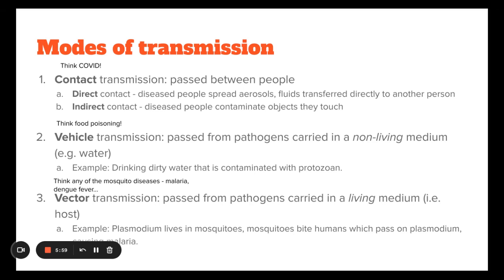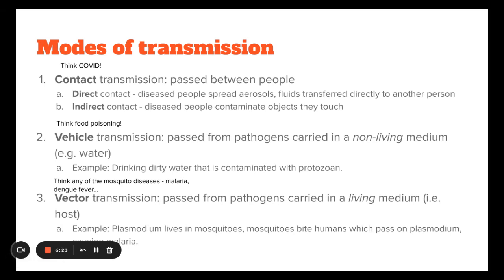Yep. And so there you have it. You've got your 3 modes of transmission. Right. Remember, to stop an epidemic, an epidemic is defined as a disease that's been localized in a specific area. Right. To stop an outbreak, you need to stop it from passing from one person to another. Right. And there are 3 modes: contact, passed directly between people.